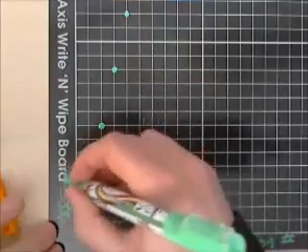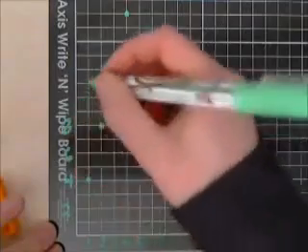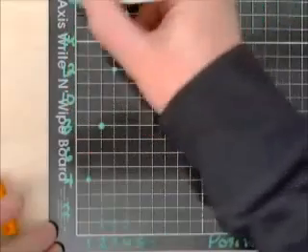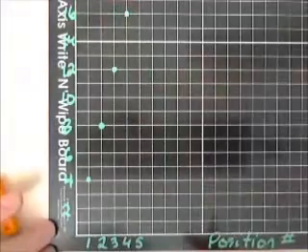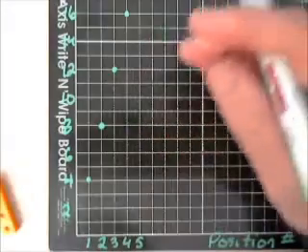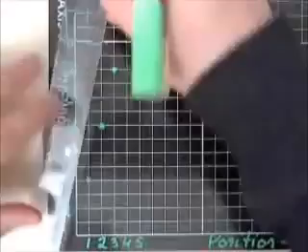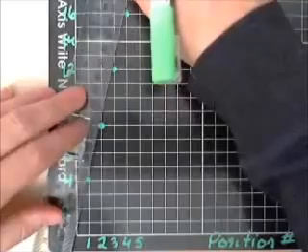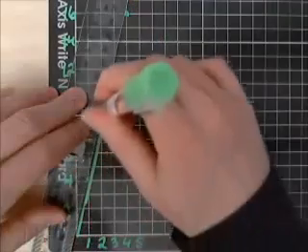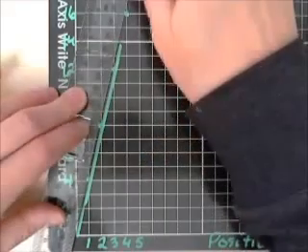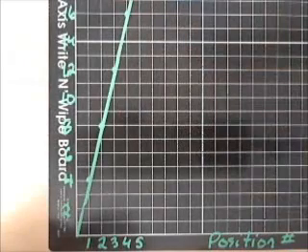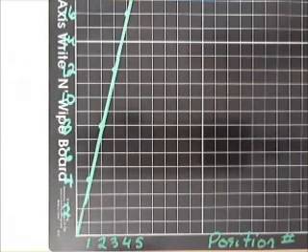We can label this 4, 6, 8, 10, 12, 14, 16. So the number of tiles we have for position number 4 is going to be 16. And of course we can take our ruler here and very carefully draw a nice straight line that passes through our points. Just like that. And then we have a graphical representation for that pattern that they had given us.